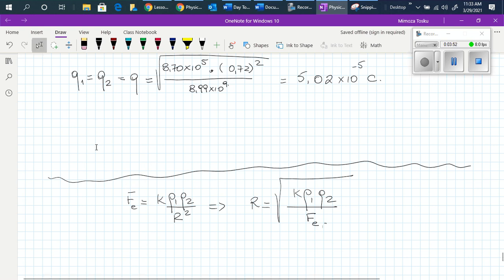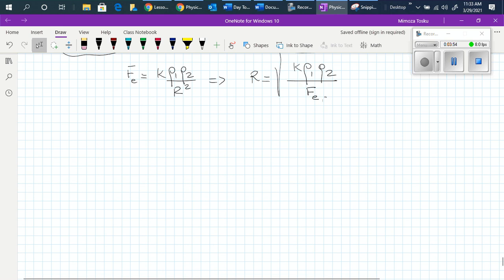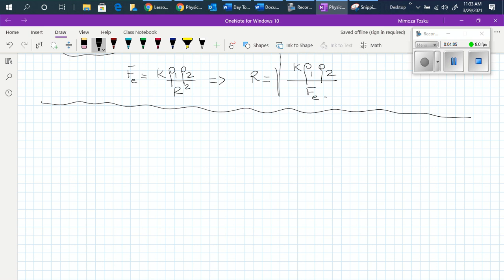Okay, now let's see a case when we have more than two charges that are either in a straight line or not. Let's suppose that we have three charges, charge 1, charge 2, and charge 3, in the same line.